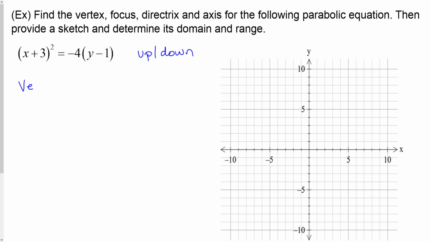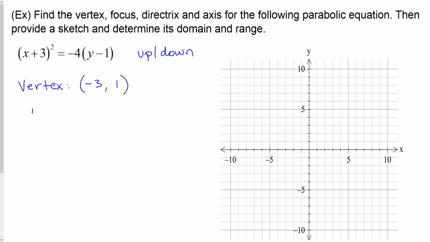All right, we're going to need the vertex. The vertex is relatively easy to develop. It's just the coordinates, in this case, -3, +1. The directrix and the focus, in order to come up with those, we're going to need to know the value of p.